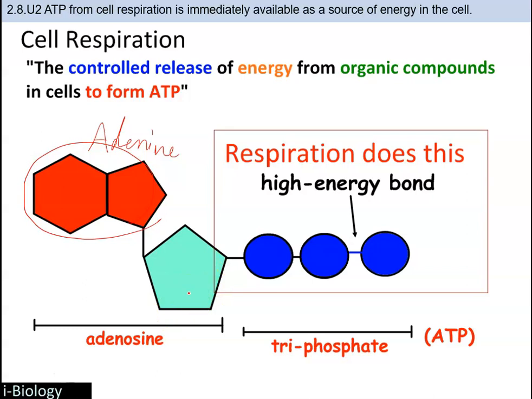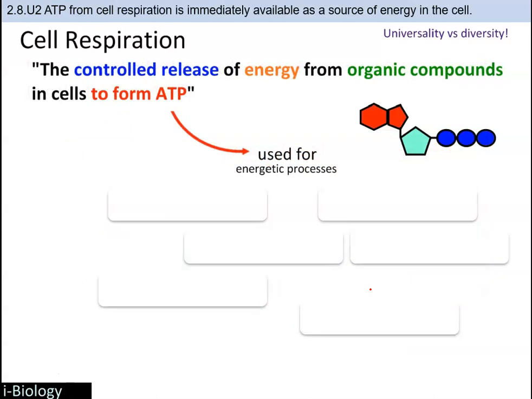It's not sine actually. Anyway, we call adenine plus sugar and plus 3 phosphates as adenosine triphosphate or ATP.